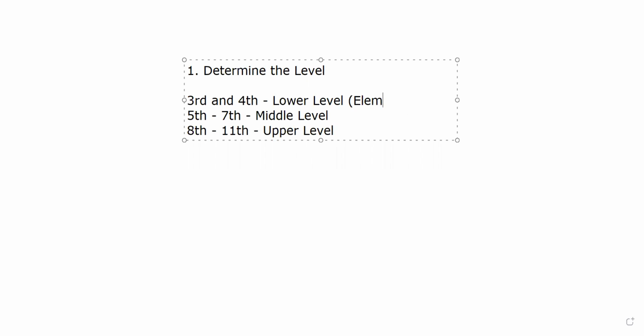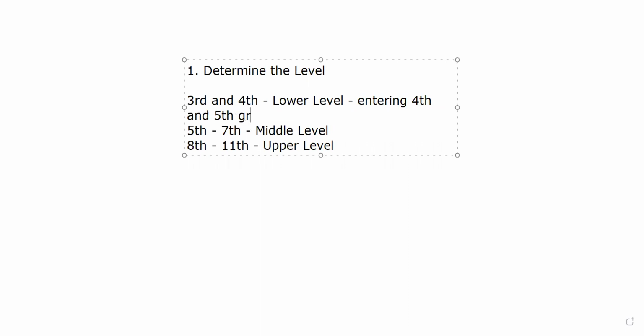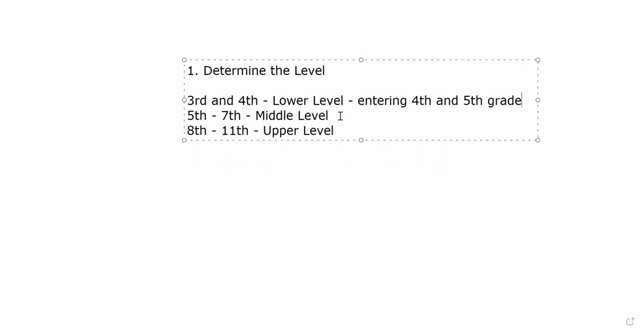Now, for the third and fourth grade students currently, that means they'll be entering fourth and fifth grade. So if you have a student entering fourth or fifth grade, they'll be taking this first level that you see here.